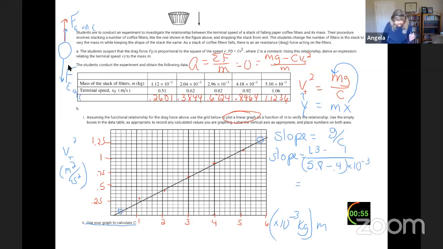Earlier I calculated a slope of, well, it's supposed to be 217, meters squared per kilogram second squared. And then if you solve for C, you'll get 0.045 kilogram per meter.